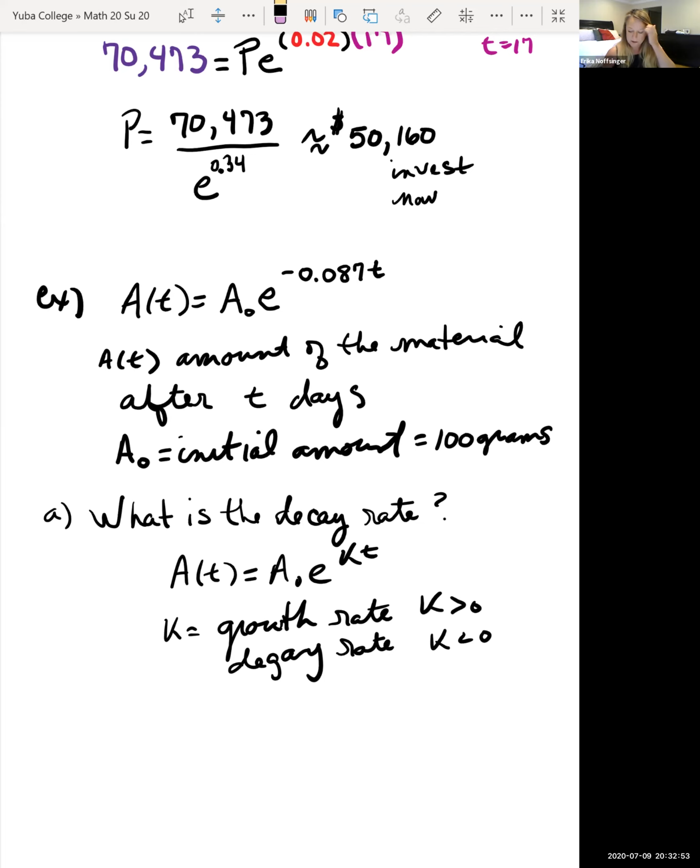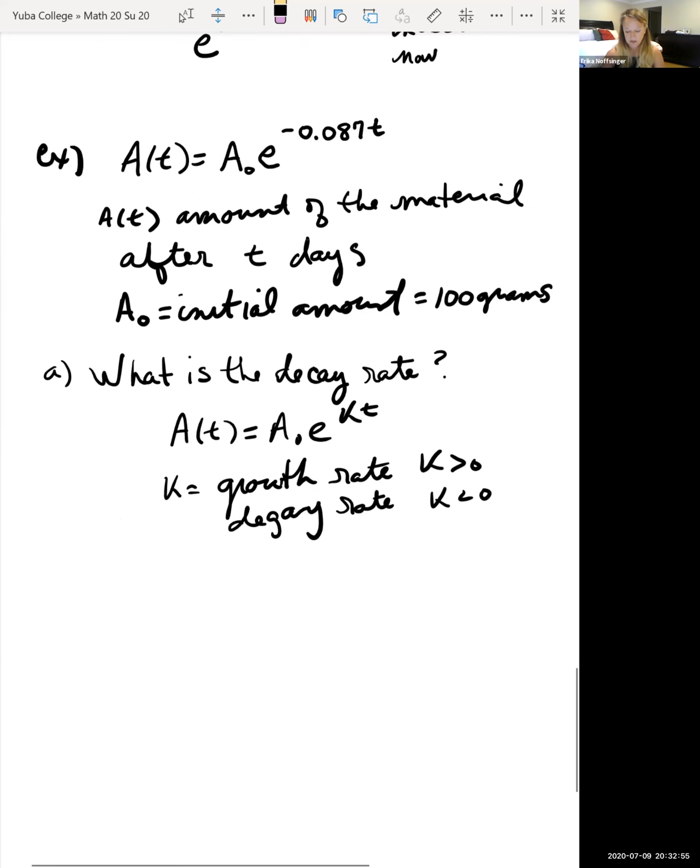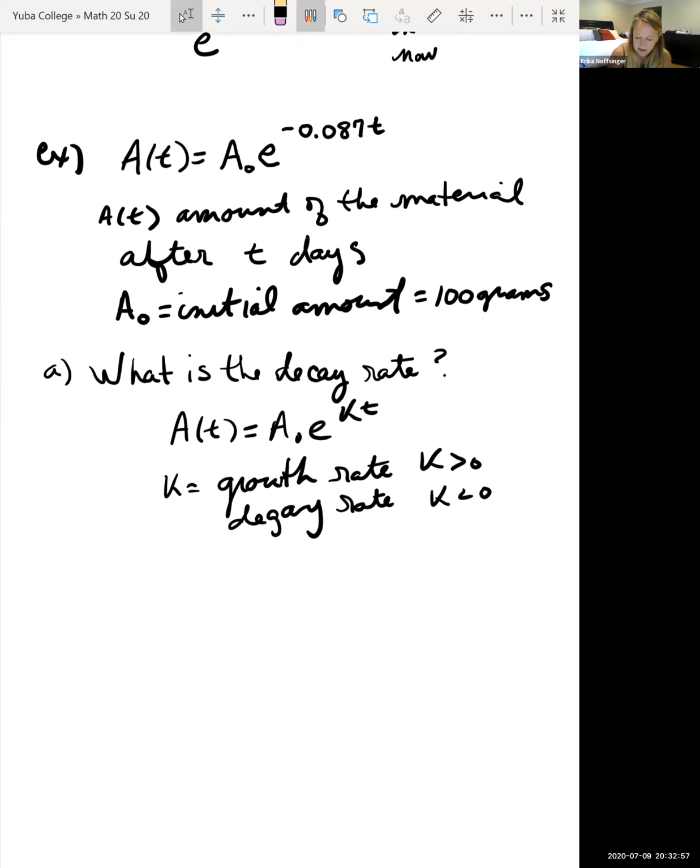So this is the rate of growth and decay. So we can look at our formula that we're given, and we're given that k is negative 0.087.